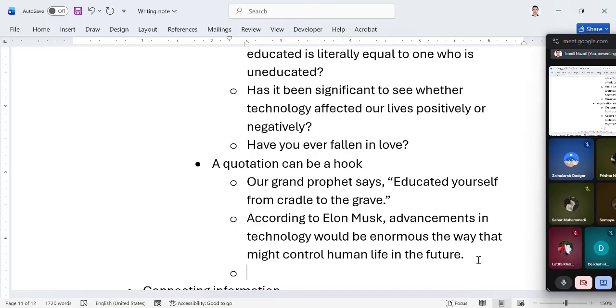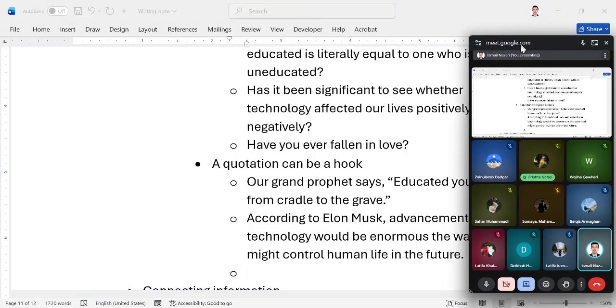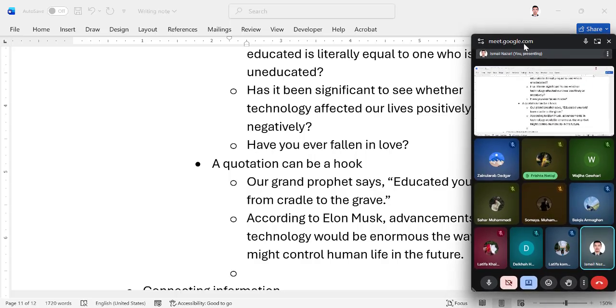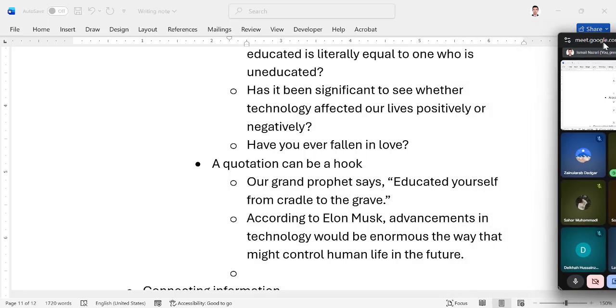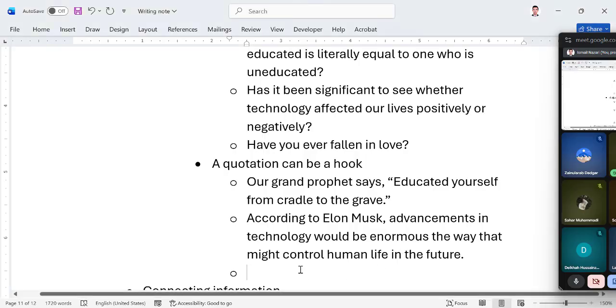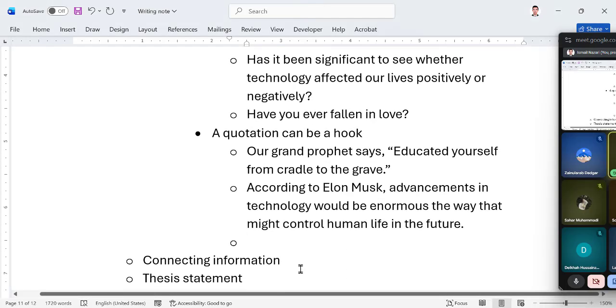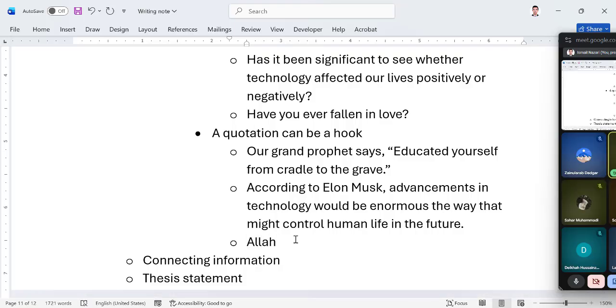So who can tell a quotation about the effects? Okay, except for Miss Firishta, we don't have anyone else? Miss Firishta? Yeah, teacher. For example, Allah says Muslims are the brothers of each other.